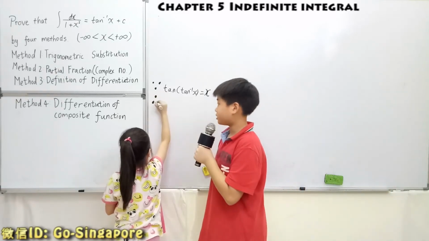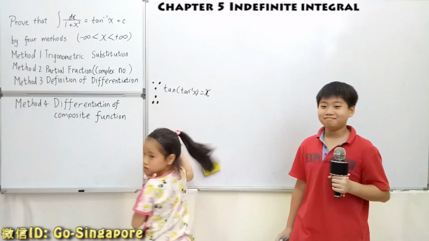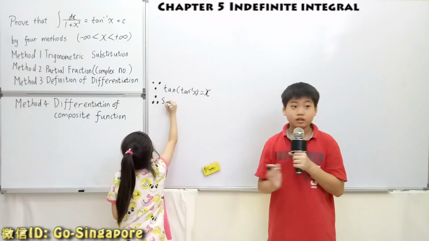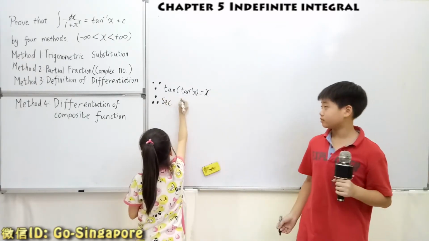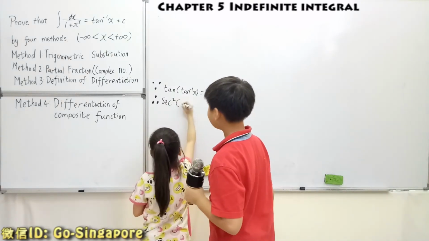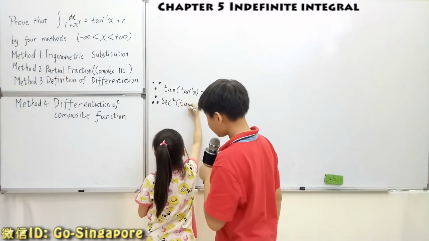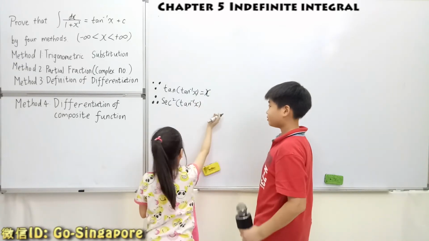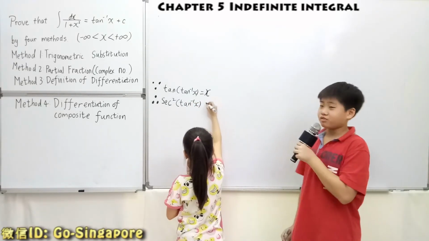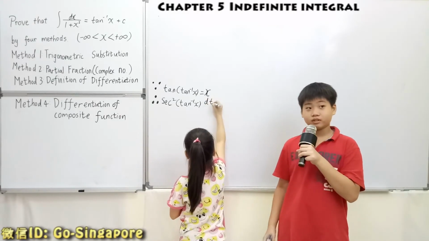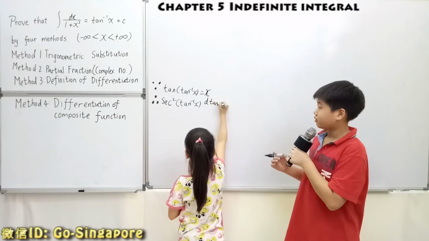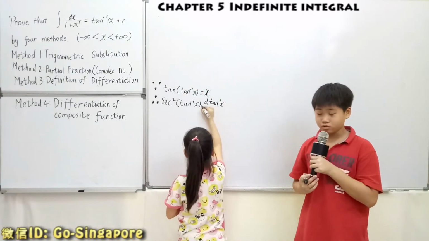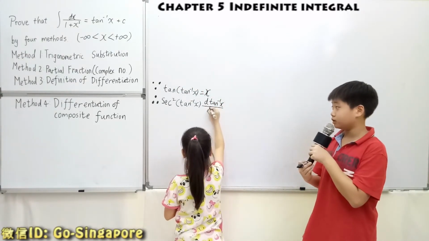So here, we differentiate both sides, right? For this inverse tangent, because it's a composite function, we'll need to use the chain rule.